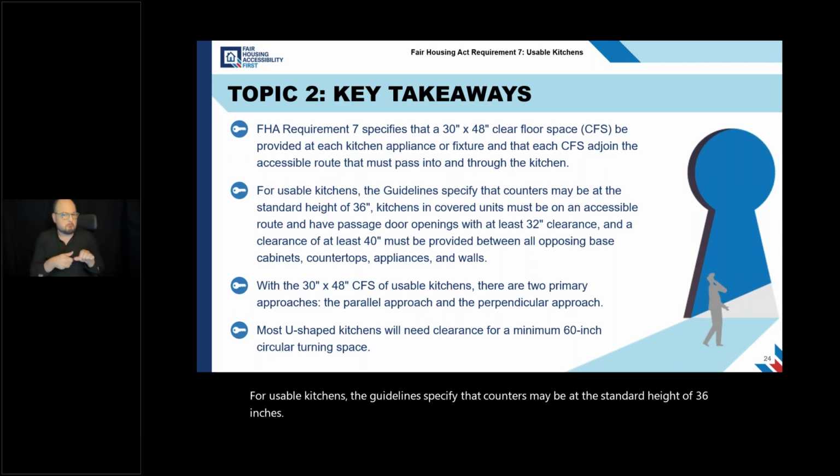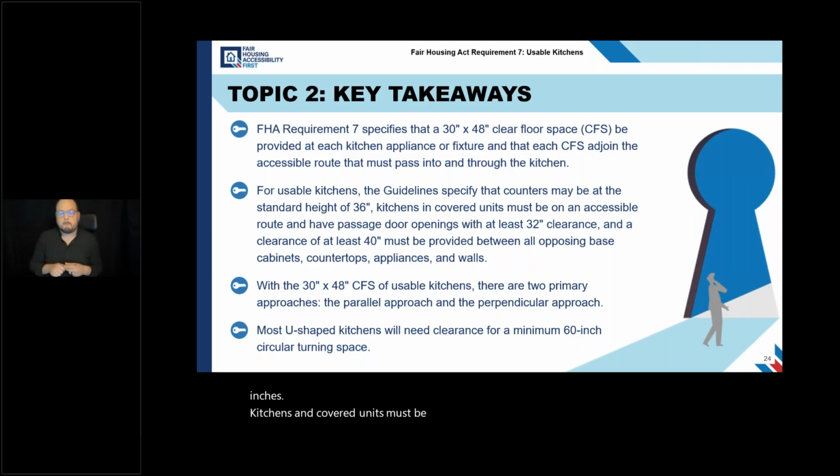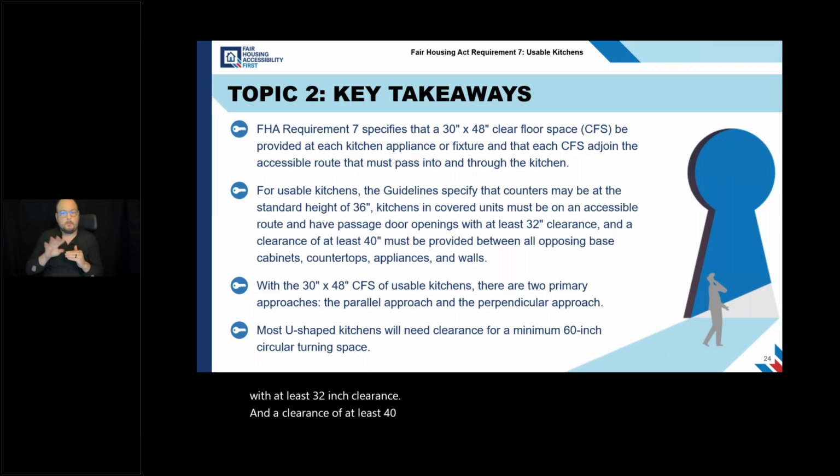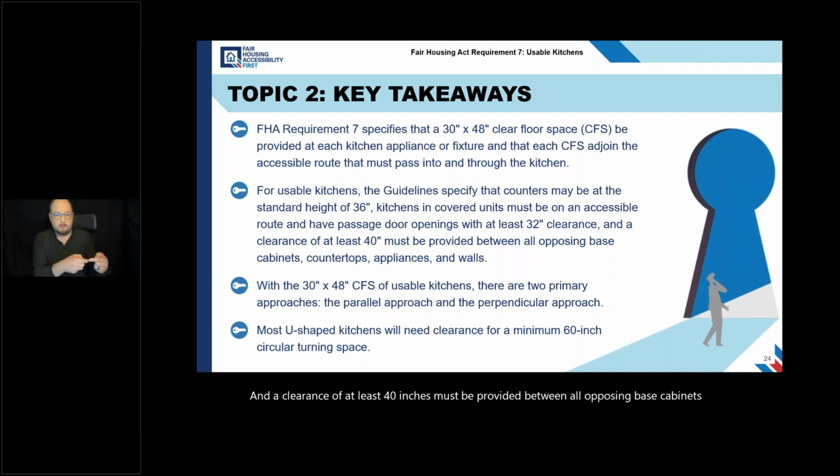Kitchens and covered units must be on an accessible route and have passage door openings with at least 32-inch clearance. And a clearance of at least 40 inches must be provided between all opposing base cabinets, countertops, appliances, and walls.